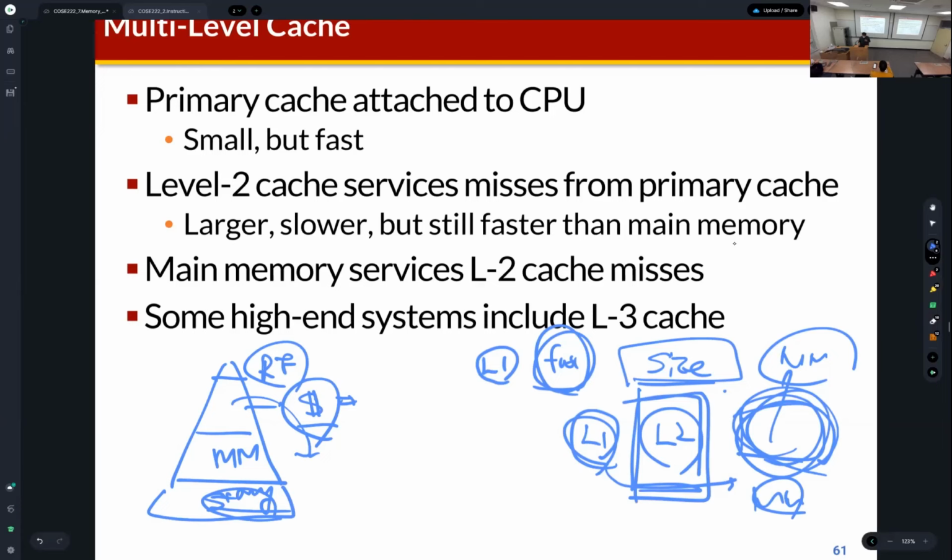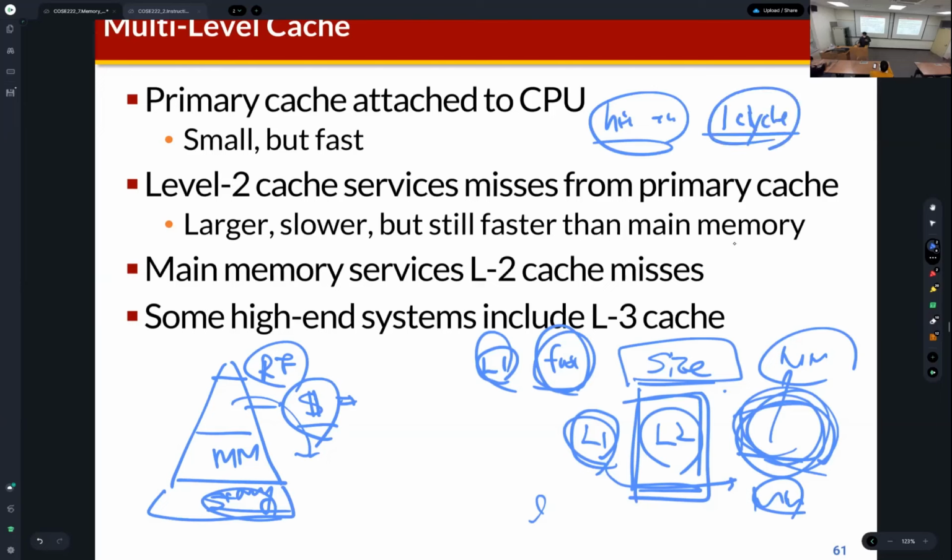The L2 cache size is larger than the L1 cache, which means that in the L2 cache we can store more data. But the L2 cache is slower than the L1 cache. When we learned about the 5-stage pipeline architecture, we assumed that the hit time, the memory access time, is just one cycle.